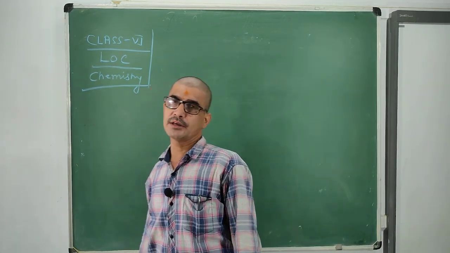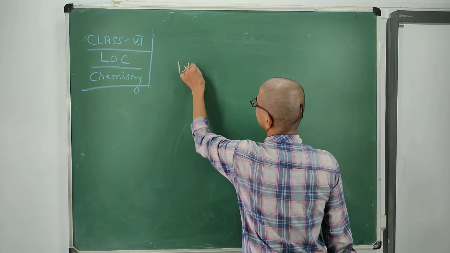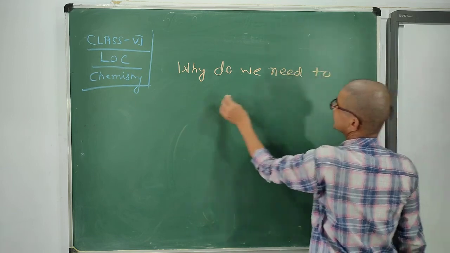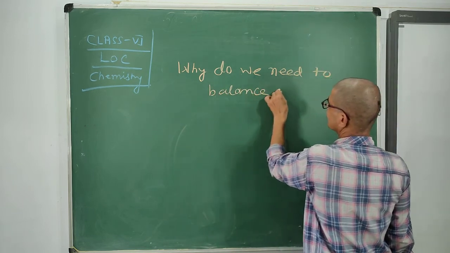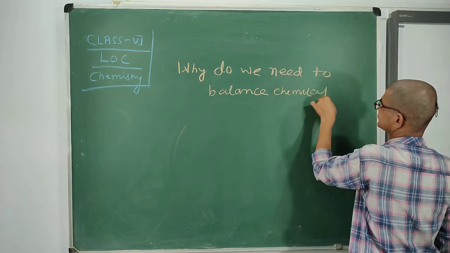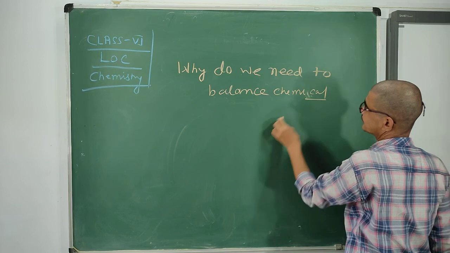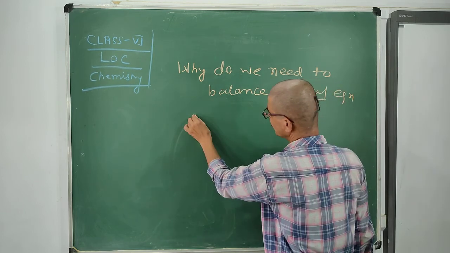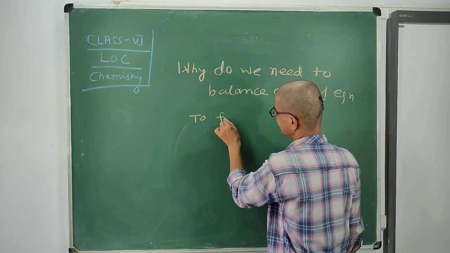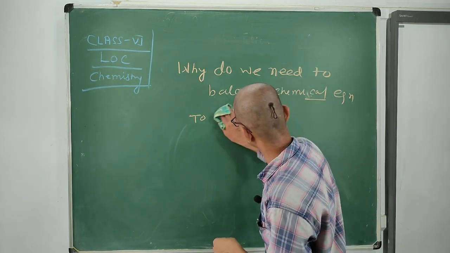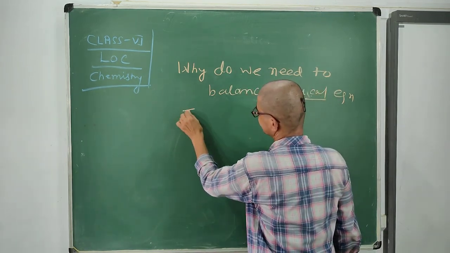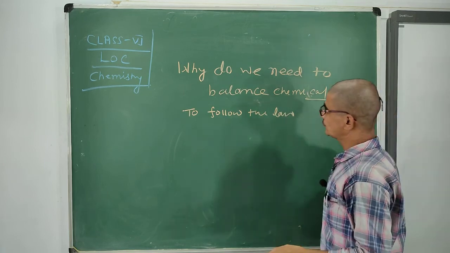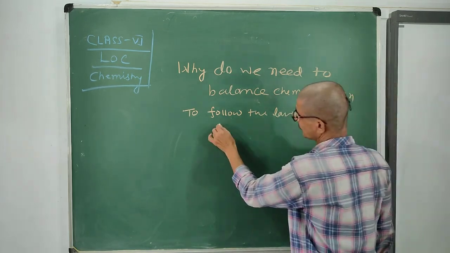Why do we need to balance chemical equations? The answer is to follow the law of conservation of mass.